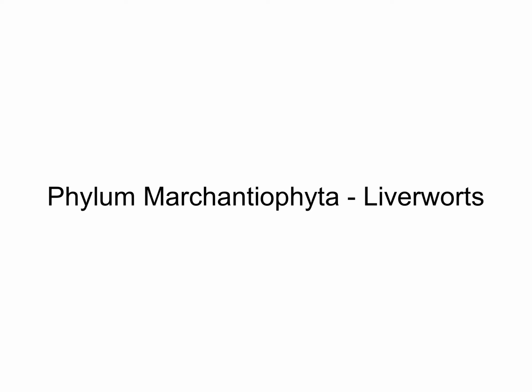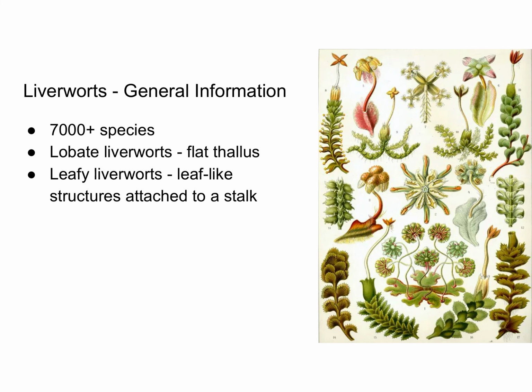So let's start by taking a look at phylum Marchantiophyta, which are also known as the liverworts. There are over 7,000 known species of liverworts. They can be classified as either lobate liverworts or leafy liverworts.